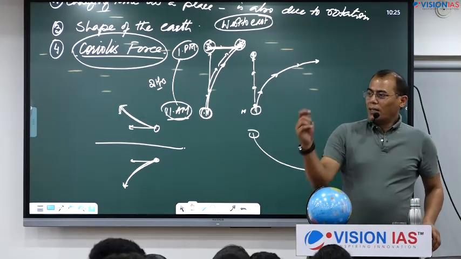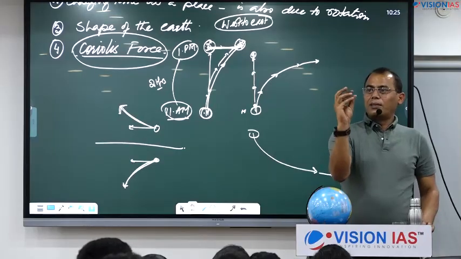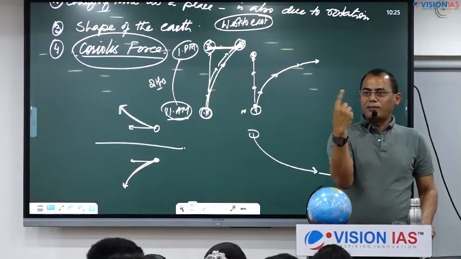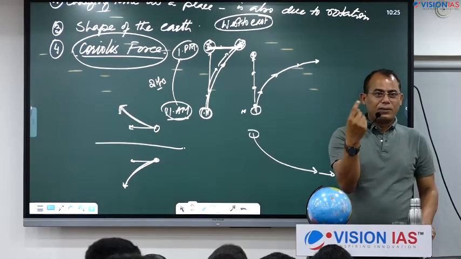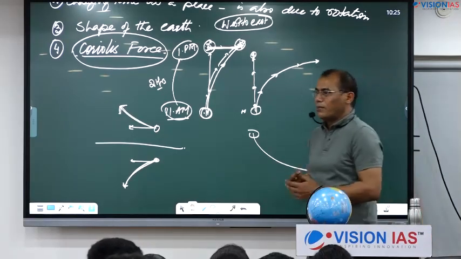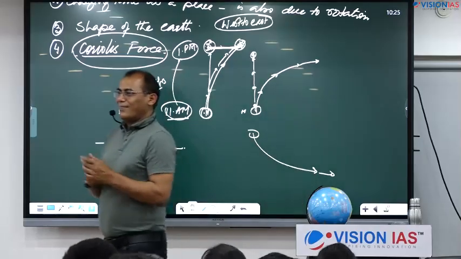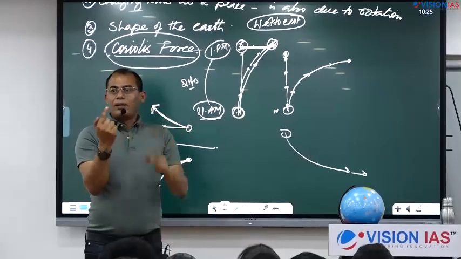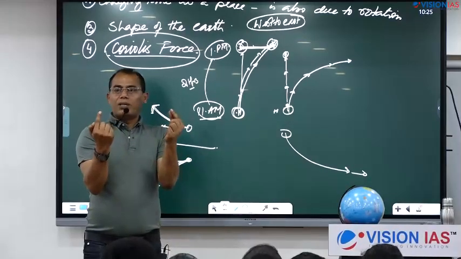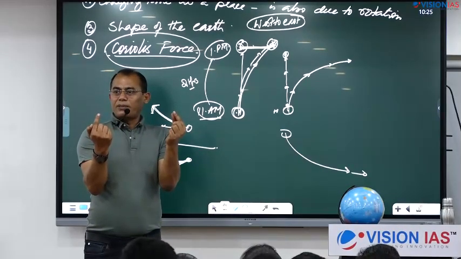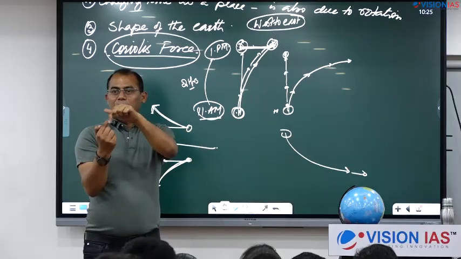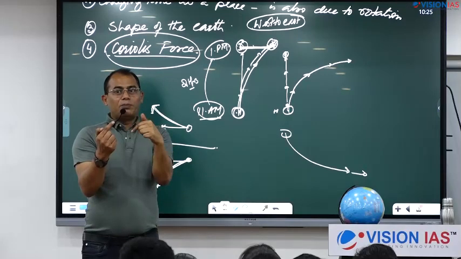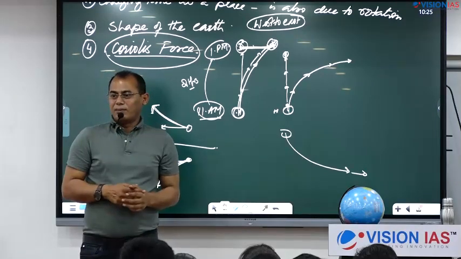Have you ever played with a top or a ball attached with a string? So long as it is rotating with the same string length, the moment you stop it, the string will keep on rolling around your finger, but the speed of the ball will keep on increasing.